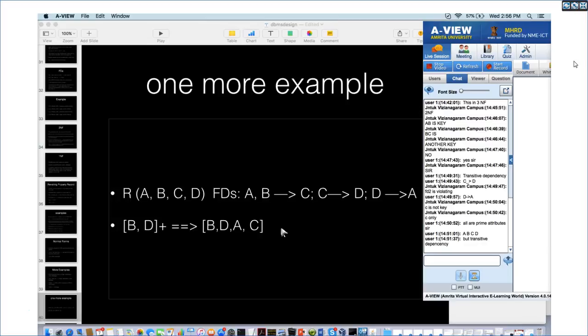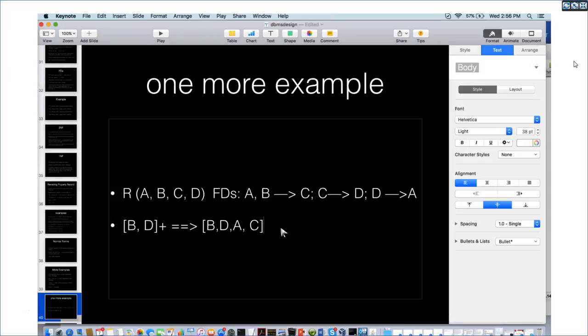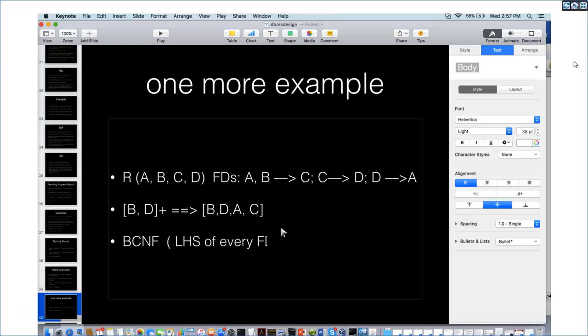Okay, the BCNF requirement is that the LHS of every FD is a super key. This is a requirement. Okay.